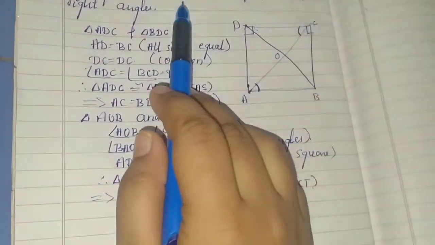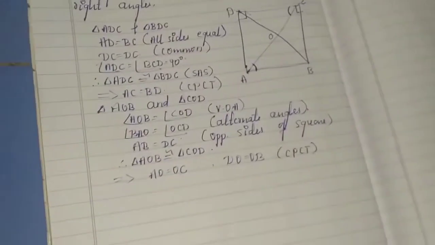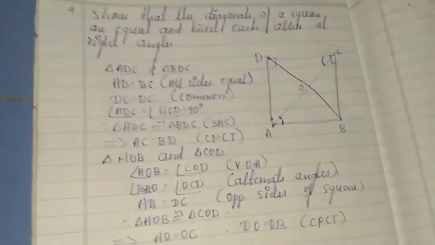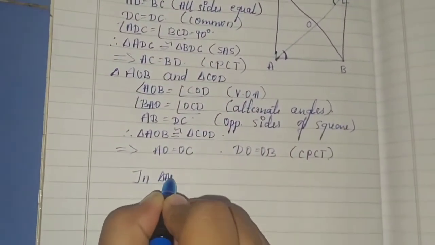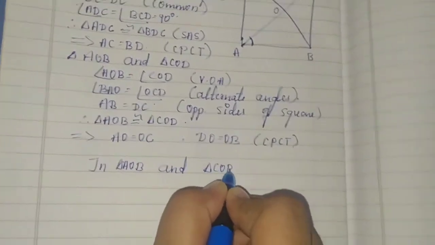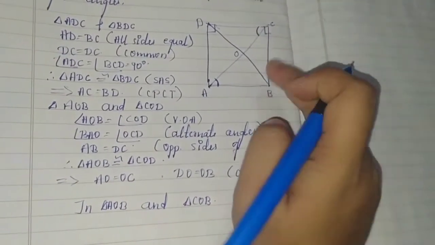You have to prove that the diagonals of a square are bisecting each other at right angles. Okay, so the angles should be equal to 90 degrees. Now, just consider triangle AOB and triangle COB.